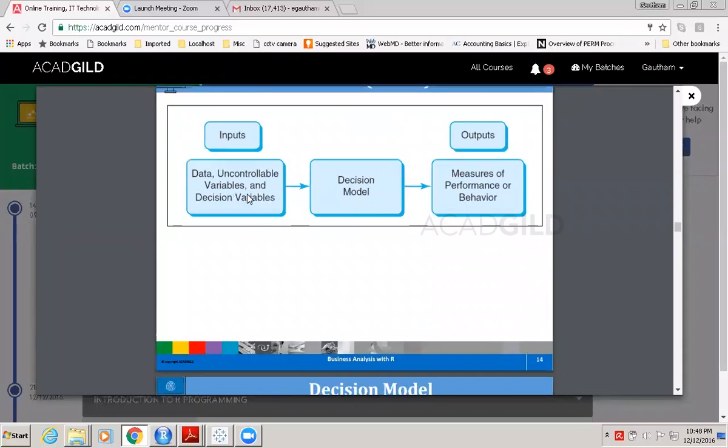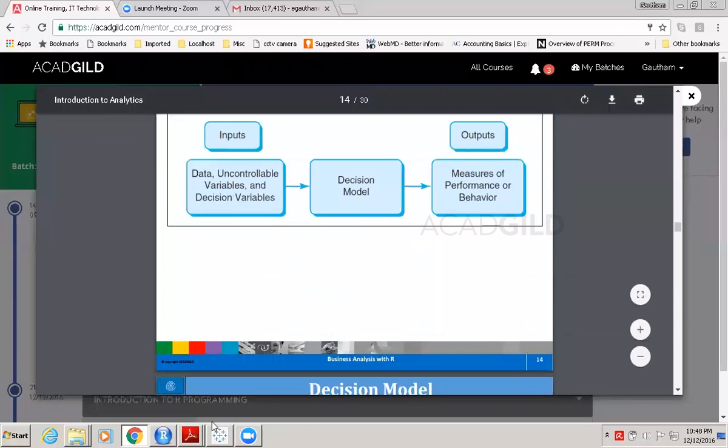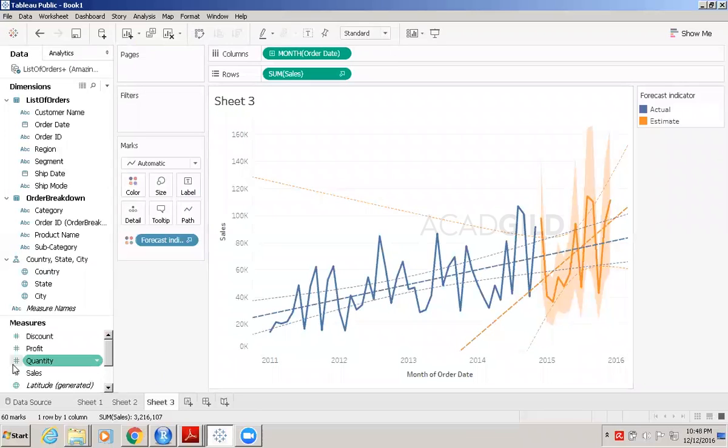So the inputs are the data that we have already seen, the uncontrollable variables and the decision variables. What could be an uncontrollable variable? How much quantity is being sold is an uncontrollable variable, right?